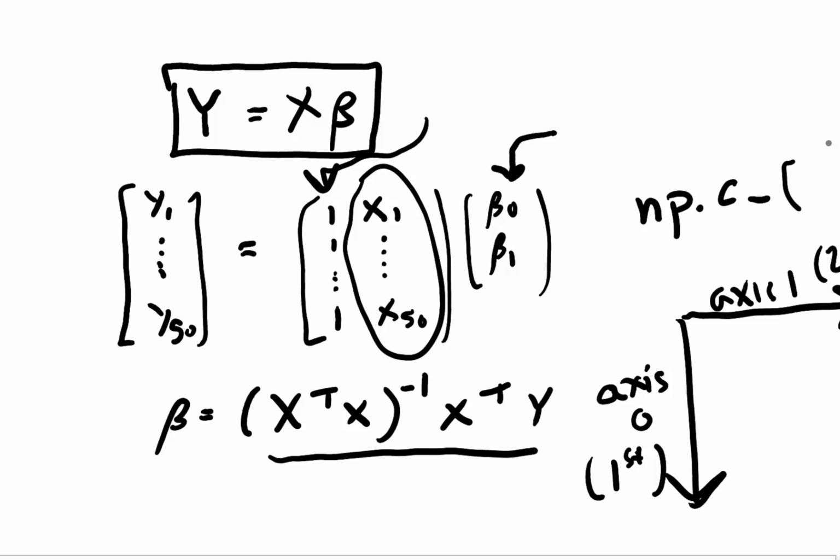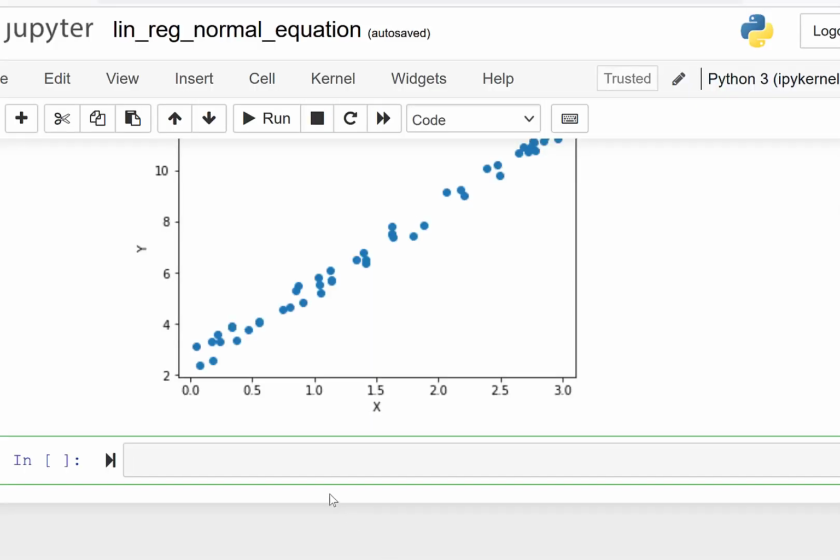So with np.c_, we're concatenating along the second axis, so that's this one. Basically we're combining columns to form our matrix. So let's go back to here.